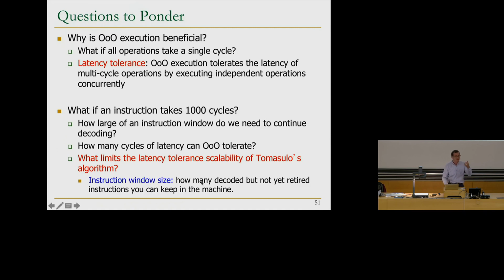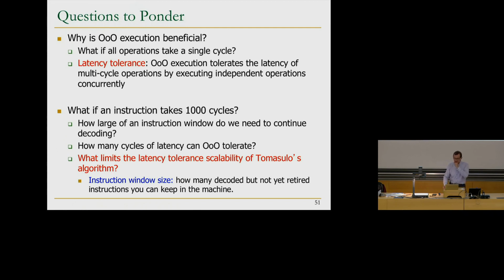So basically, what limits the latency tolerance is the instruction window size: how many decoded but not yet retired instructions you can keep in the machine. And again, hopefully it's intuitively clear to you that increasing the size of this is not easy. Yes? Is the window size a combination of the ROB size and the reservation stations? Yes, absolutely.